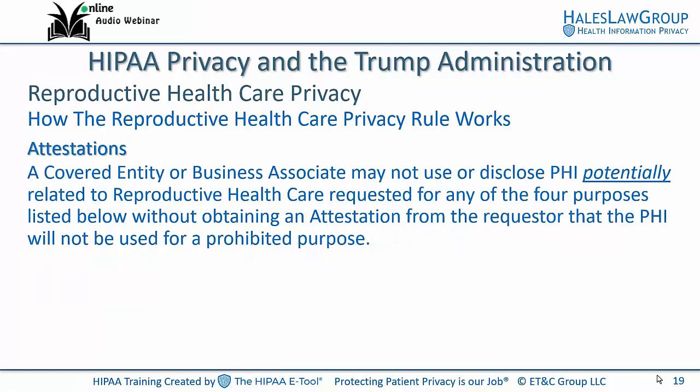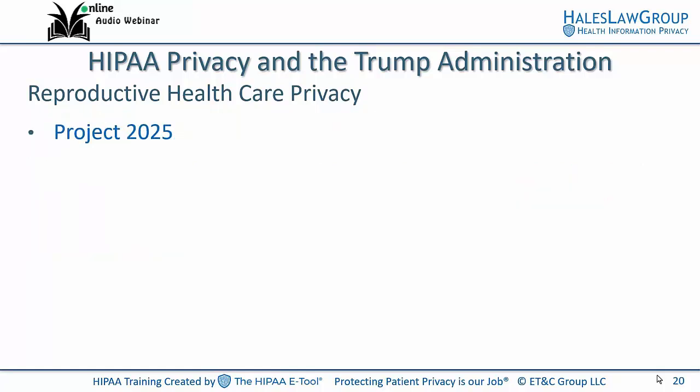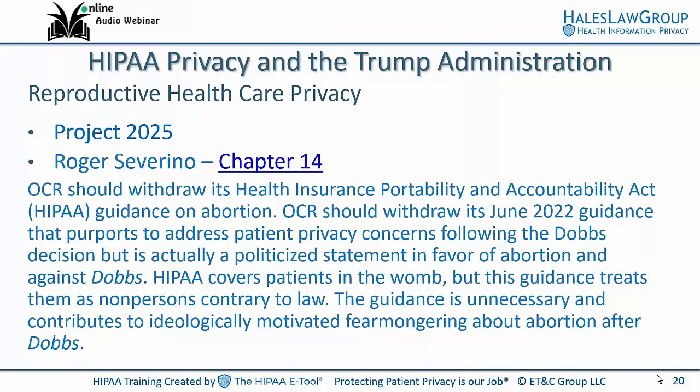Ask that requester to fill out an attestation that affirms that they will not use the information they have requested for a prohibited purpose. What do we know about the Trump administration based on both the campaign and also something called Project 2025? The guidance has become much more specific, and it is now the law.